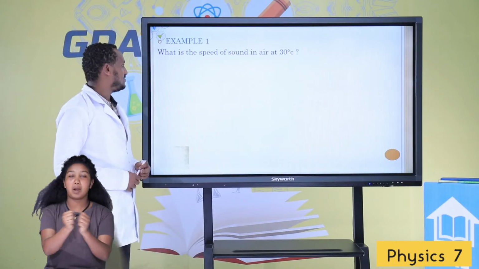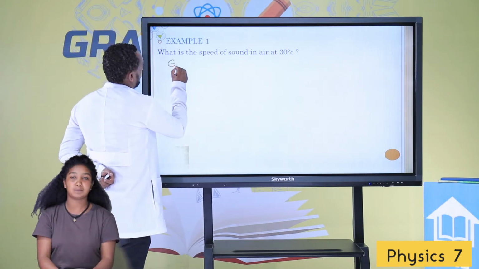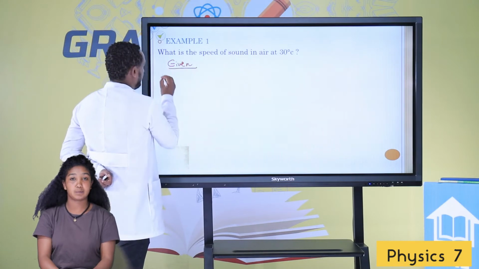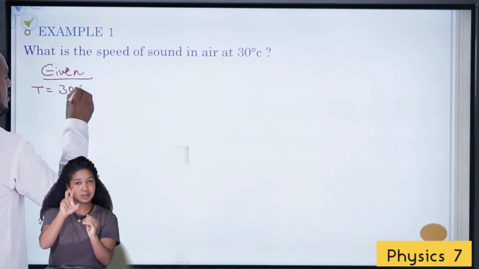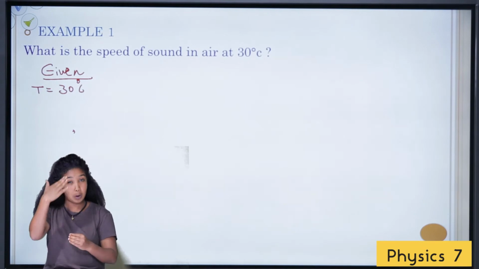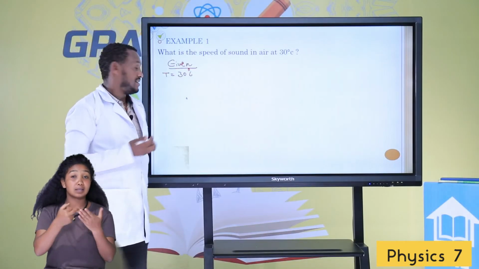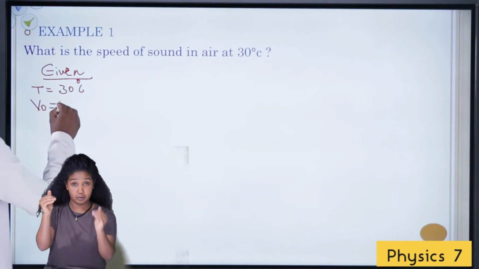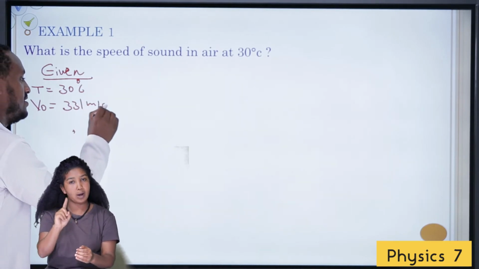Let us do it together. Now our given is temperature. Temperature is equal to 30 degrees Celsius. And we also know the speed of sound at 0 degrees, that is Vo, equal to 331 meters per second.